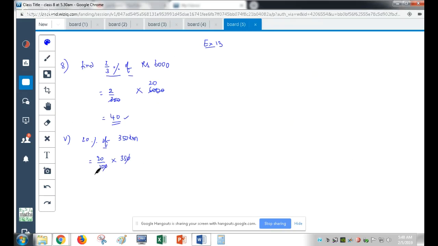So 1 cancel and 1 zero also cancelled. So then 2 into 35, 75. So 75. Don't write percentage again because 20% of this is equal to 75. So 75 kilometers in the answer. You better write whatever the unit is.